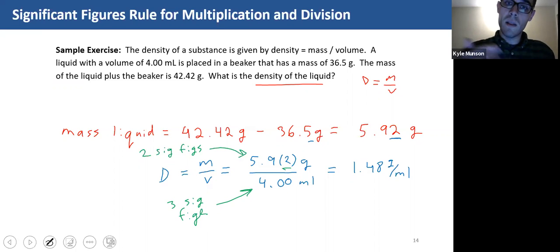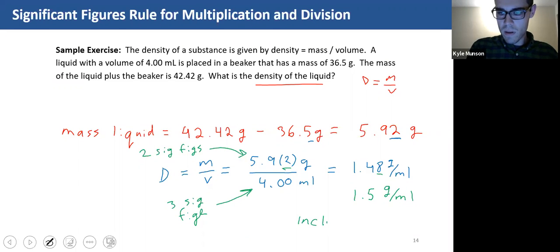But it's the lowest number, right? So that means our answer can only have 2 sig figs. So this should be more properly expressed as 1.5. Again, the 8 is the first number to be dropped. It's greater than 5, so we round the digit ahead of it up by 1: 1.5 grams per milliliter.